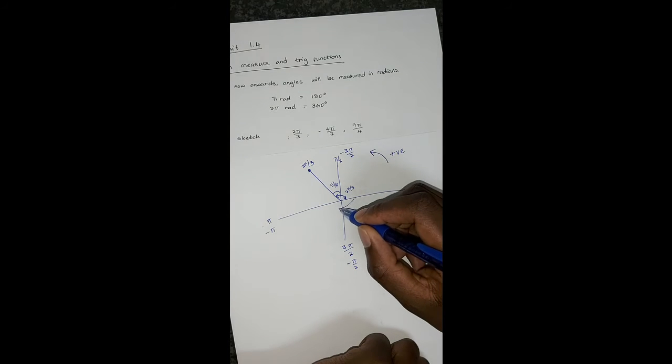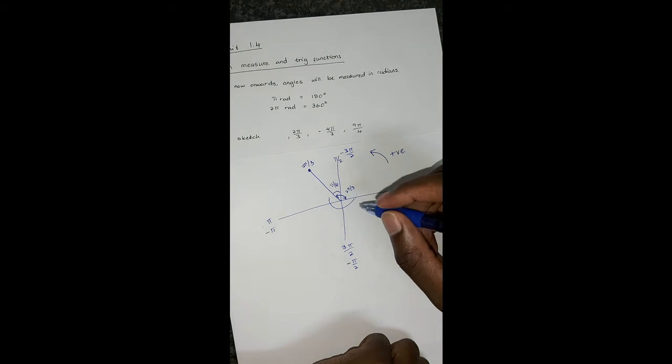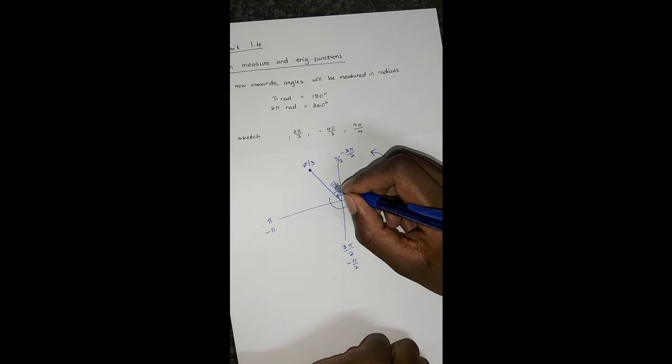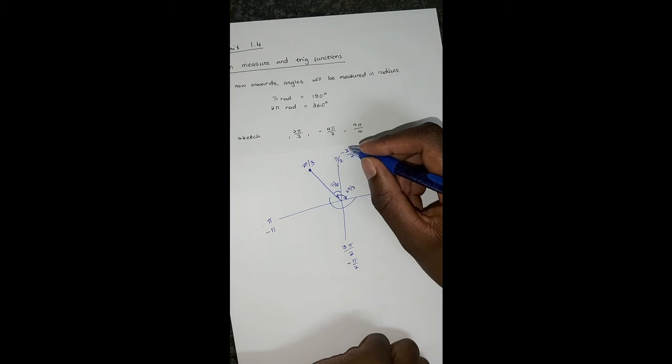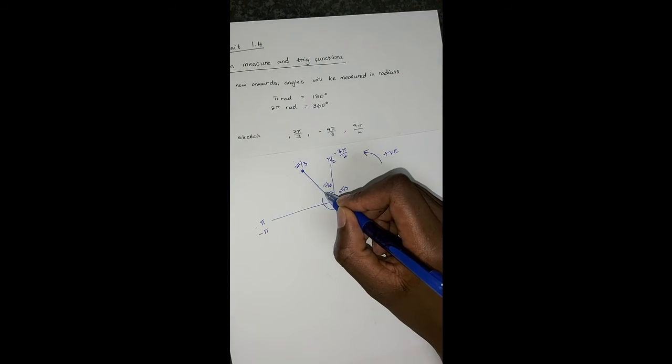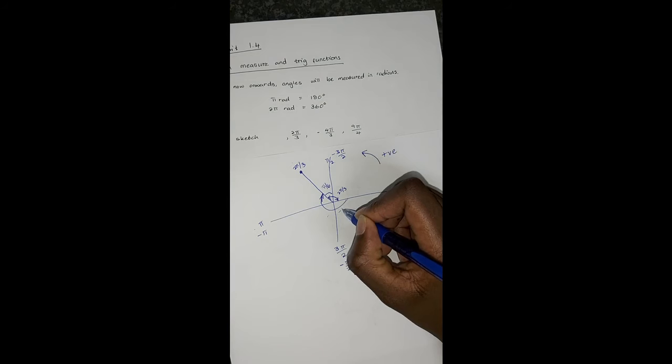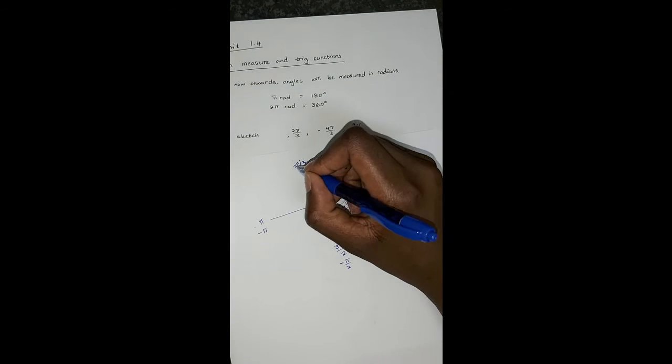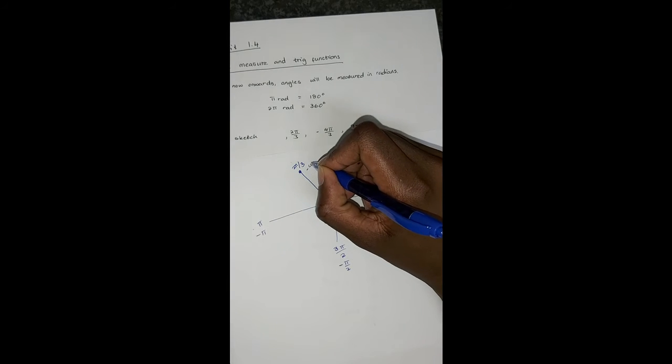You can draw it coming from this direction, and so it's less than negative 3 pi over 2 by pi over 6. So it will still be over here as well. So this will be angle negative 4 pi over 3.